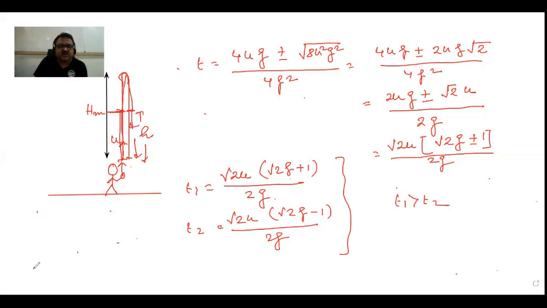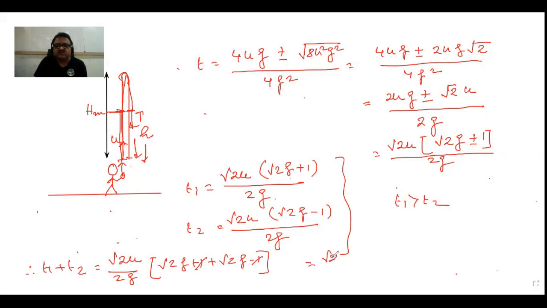Now let me do one thing. Please add this T1 and T2. If I do that, what is that? Root 2u by 2g into root 2 plus 1 plus root 2 minus 1. If I do this calculation, 1 gets cancelled, and here we get root 2 plus root 2, that is 2 root 2, so root 2u into 2 root 2 by 2g.